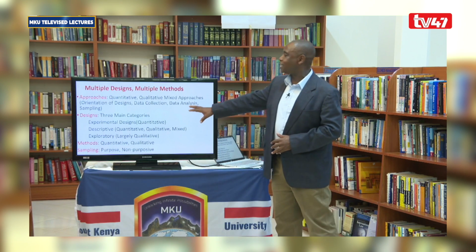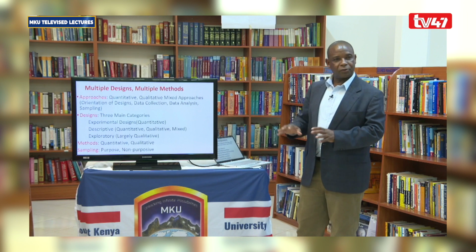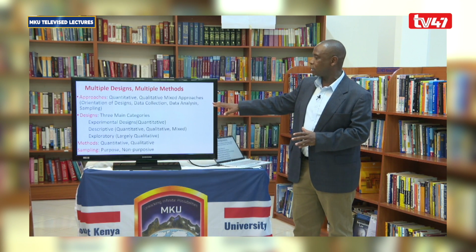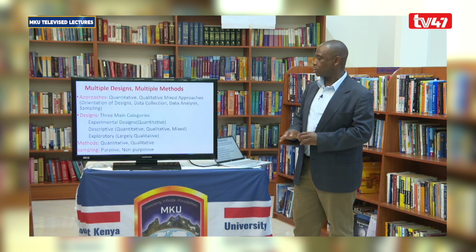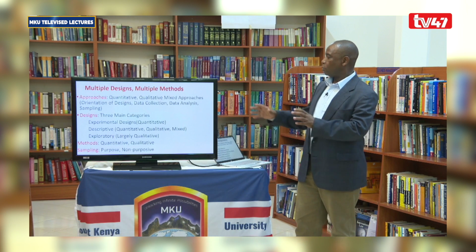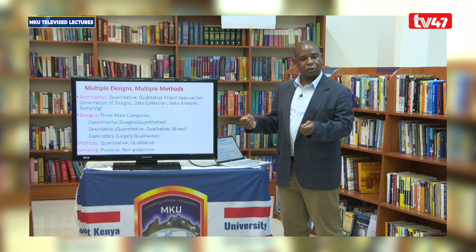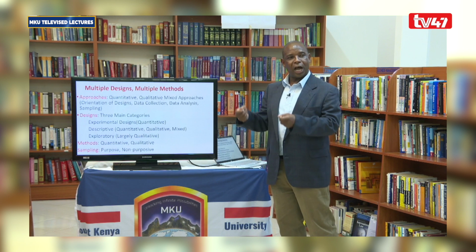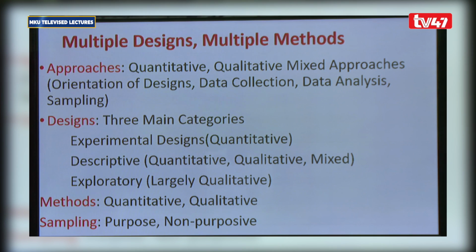Then you have got the designs themselves. As we'll see, we have experimental designs, descriptive designs, and exploratory designs. Then whether the methods of data collection, the tools of collecting data, are quantitative or qualitative. Then again, designs in terms of the purpose, whether the sampling framework is purposive sampling or non-purposive sampling.